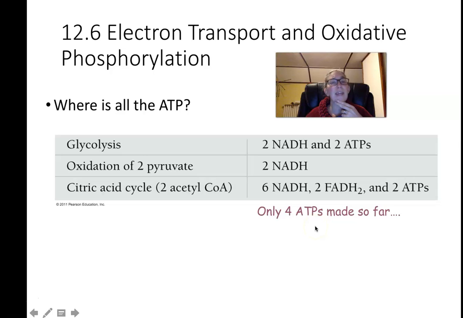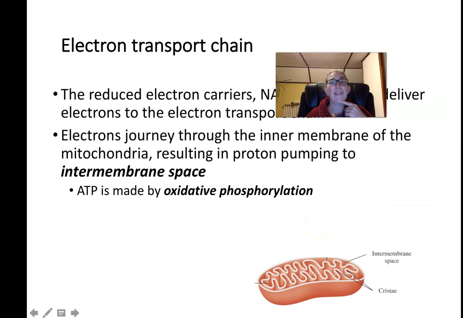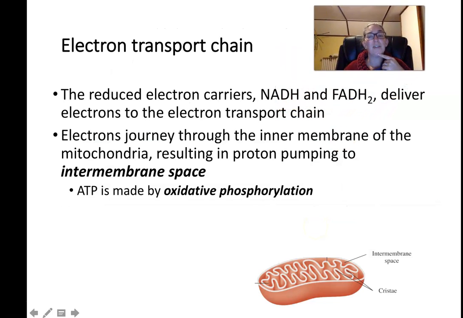So what do they do? They carry electrons to the last part, the electron transport chain. So they drop off these electrons. The electron transport chain, by the way, is a complex of proteins that are located in the inner membrane of the mitochondria.